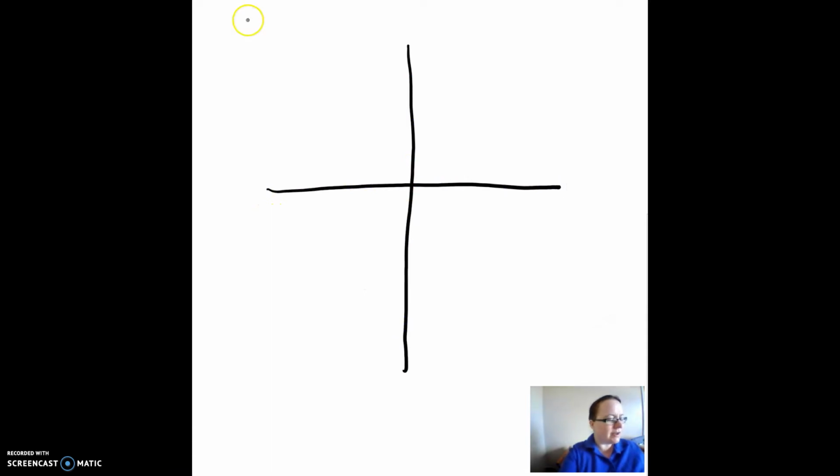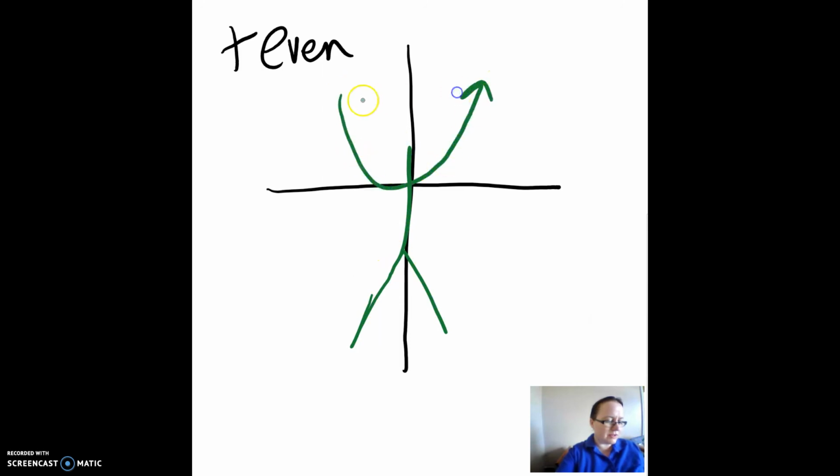Your first one is positive even. And that is where you're going to put both your arms up like this. Positive even. We are evenly positive. And I'm going to show you what that looks like with our little stick figure, Green George here. So here's George with his hands up, making the positive even sign.